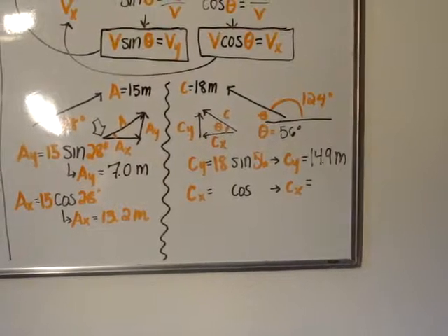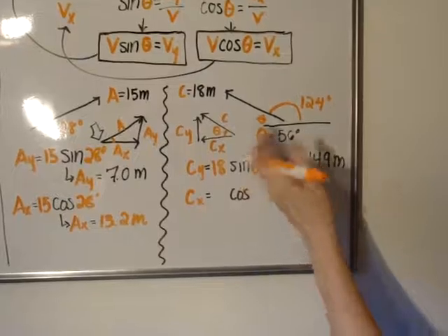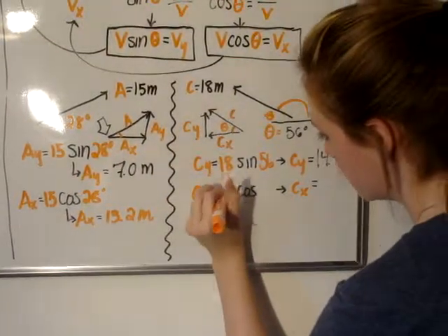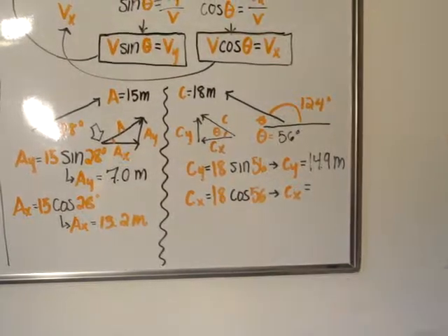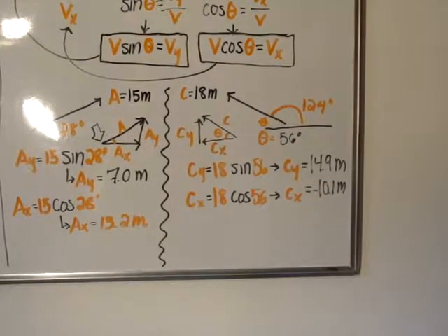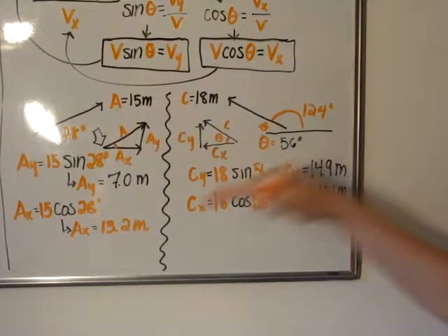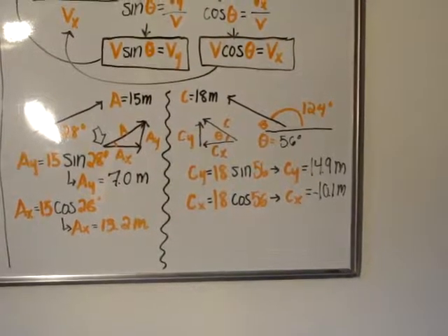Then once again I'm going to take the c value, 18 meters, and the angle, 56 degrees, and plug that in, all to get negative 10.1 meters. And again, that's negative because you're going left, which is negative in most physics diagrams.